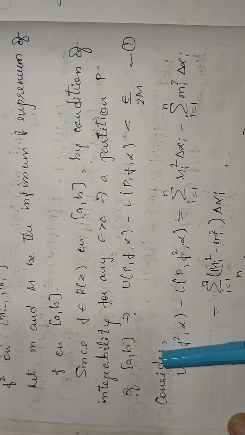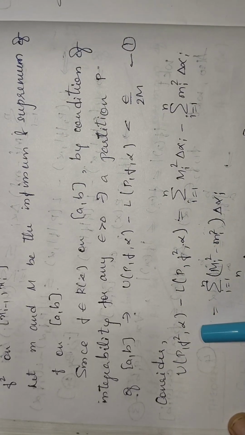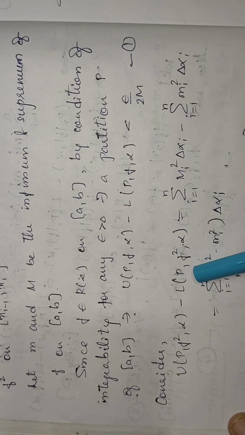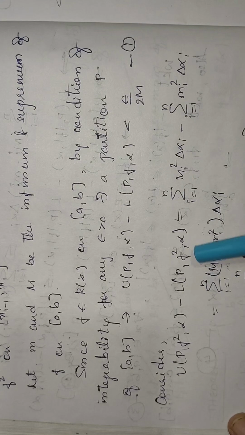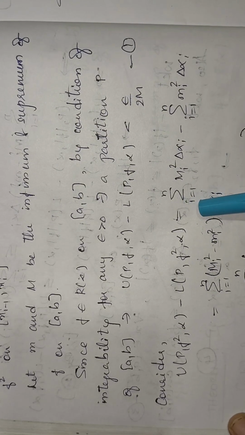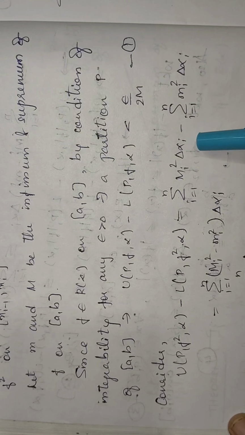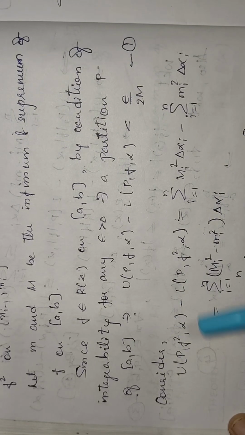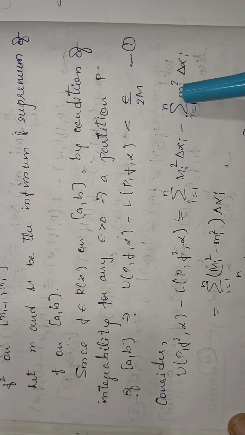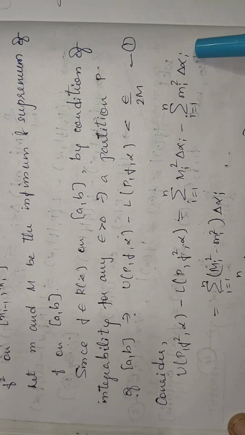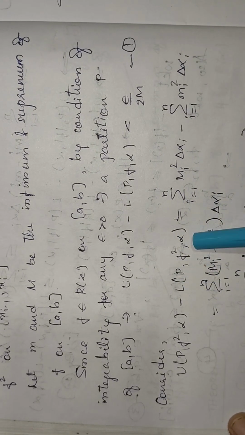So now consider this difference U(P, f square, alpha) minus L(P, f square, alpha), which is equal to summation i equal to 1 to n of capital Mi square delta alpha i by the definition of upper sum, minus summation i equal to 1 to n of small mi square into delta alpha i by the definition of lower sum.